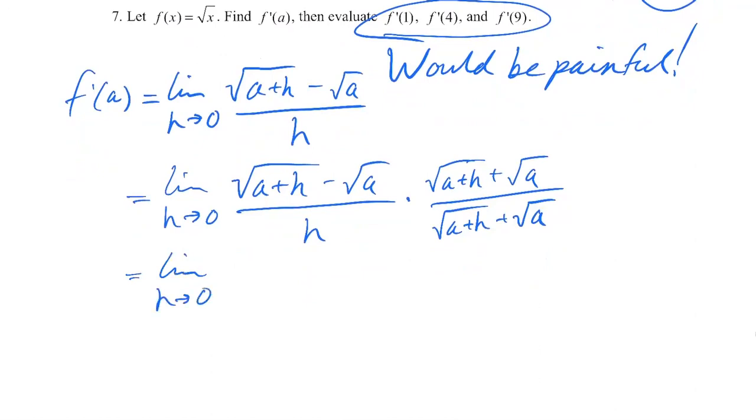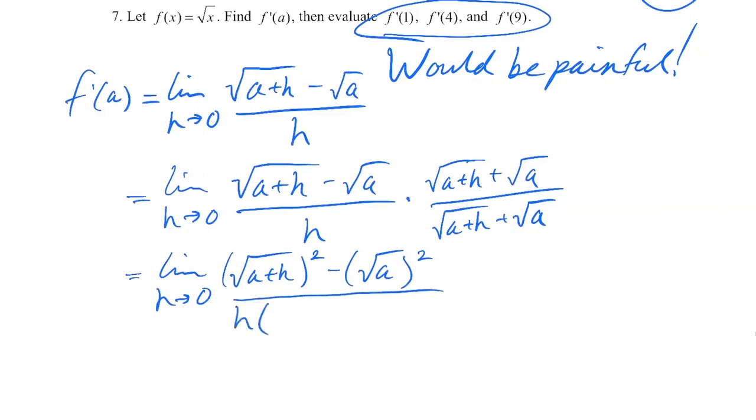So up top, we will have a difference of squares that gives us a plus h squared minus square root of a squared. Down below, as I said, do as little work as possible. This will simplify up top to give us a plus h minus a.